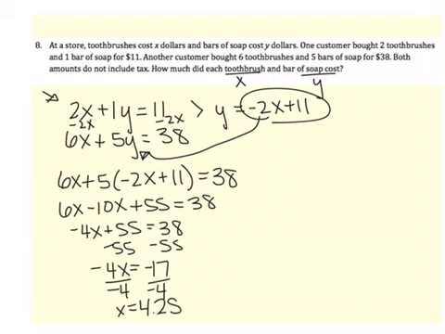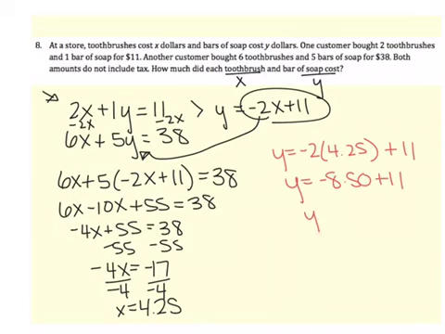I can plug that back into y equals negative 2 times 4.25 plus 11. So I get y equals negative 8.50 plus 11, so y is going to equal $2.50.